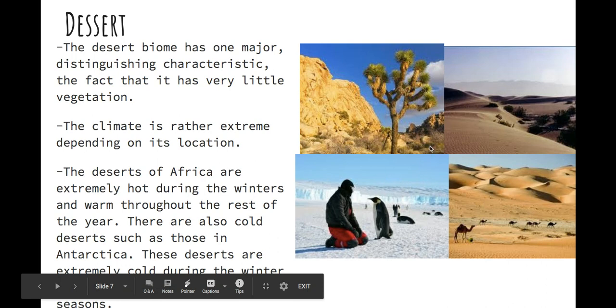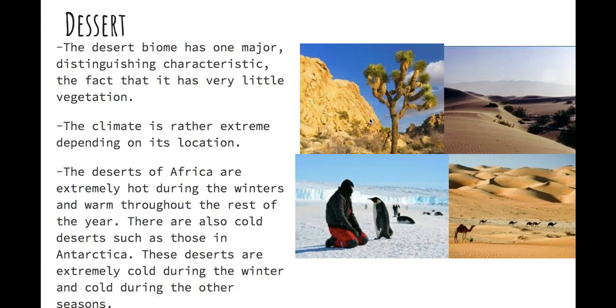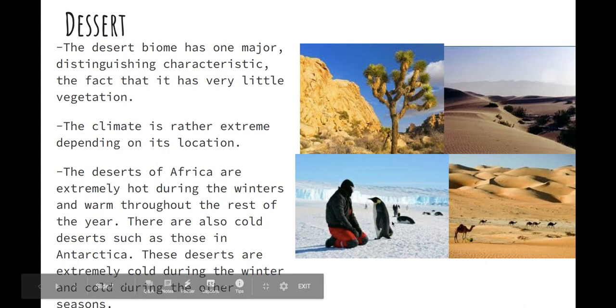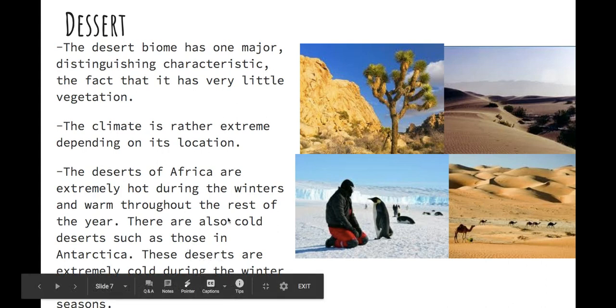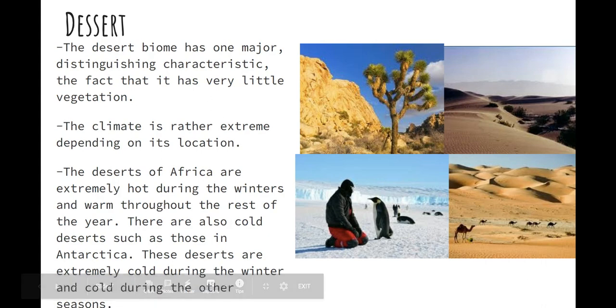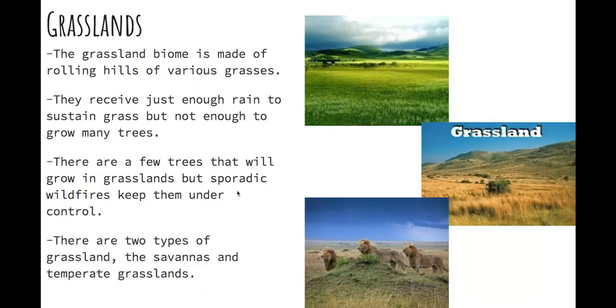In this picture, they don't have a lot of plants or animals, and that's generally because of the extreme weather or climate, depending on its location. So there can be cold deserts, there can be hot deserts. The deserts of Africa are extremely hot during the winters and warm throughout the rest of the year. There are also cold deserts, such as those in Antarctica. Those deserts are extremely cold in the winter and cold during other seasons.